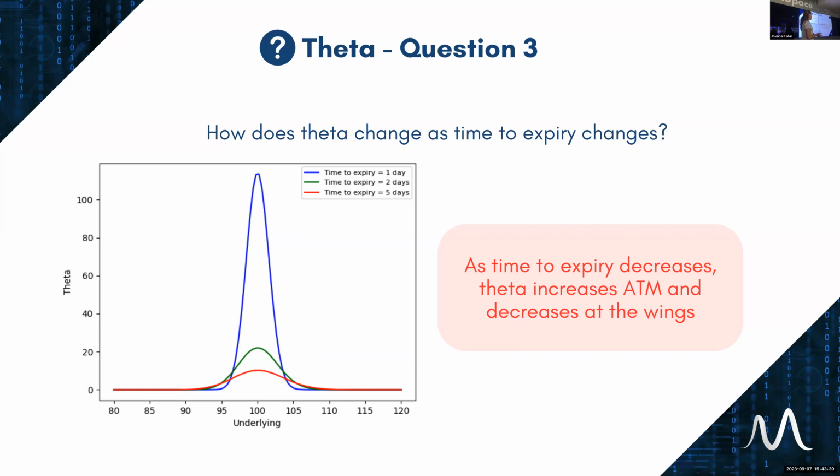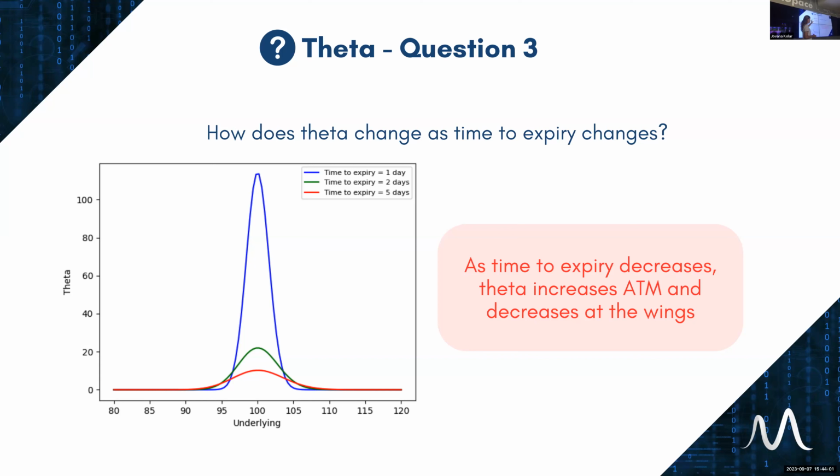What he said was, as time to expiry decreases, your theta increases. The impact of a day passing is bigger the less time there is to expiry. So 1 day passing would make a bigger impact on option price, at least at the money.